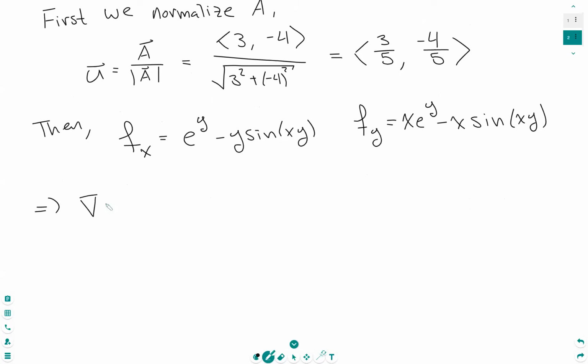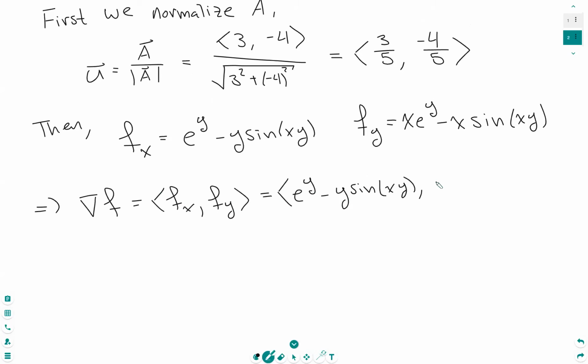So our gradient of f is equal to fx and fy, which in this case is e to the y minus y sine x times y, comma, x e to the y minus x sine of xy. So here's our first calculation of a gradient.